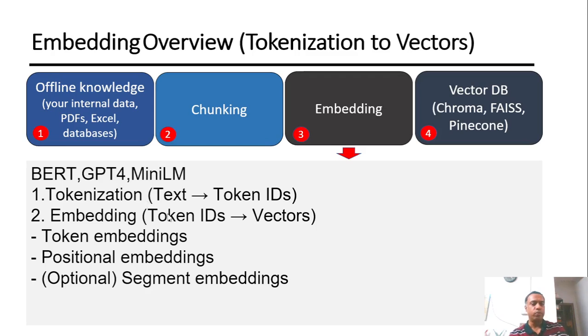To this, you add positional embeddings, which capture the order of the words. Now, if there is more than one sentence, let's say two or three sentences, then those sentences or segments are also embedded, which tells you that sentence A is followed by sentence B and sentence B is followed by sentence C. That is what actually happens in the embedding.